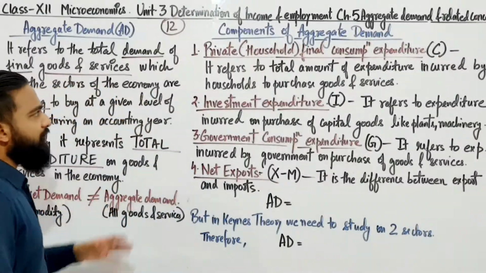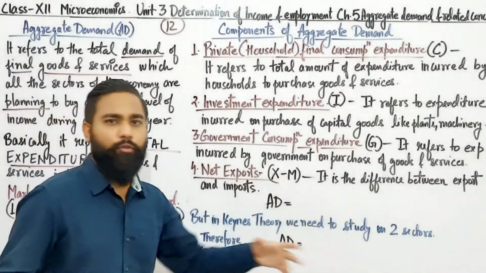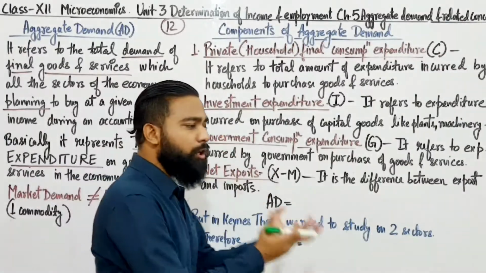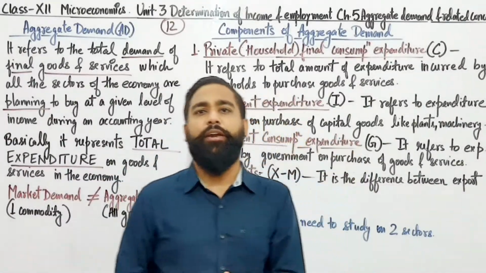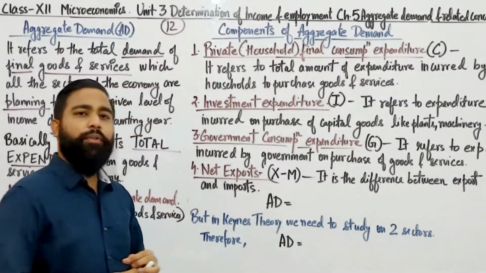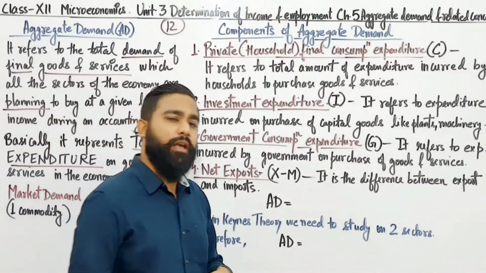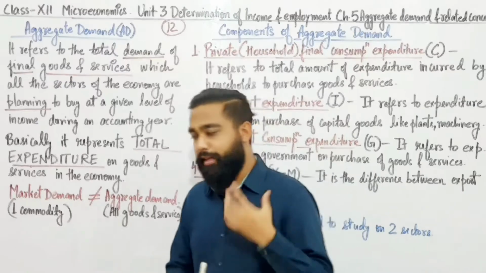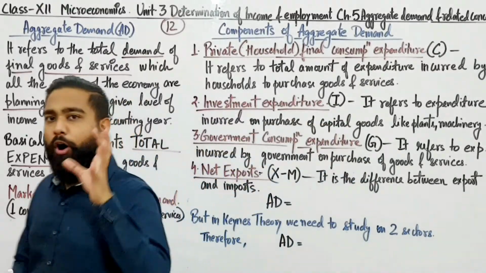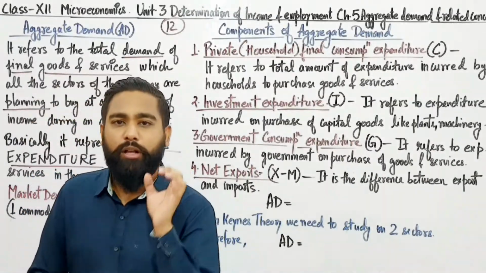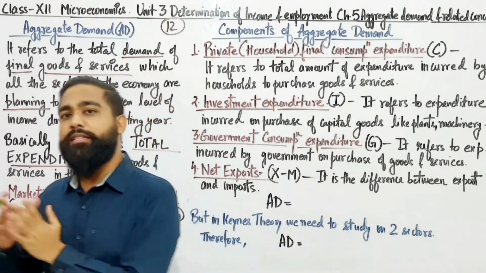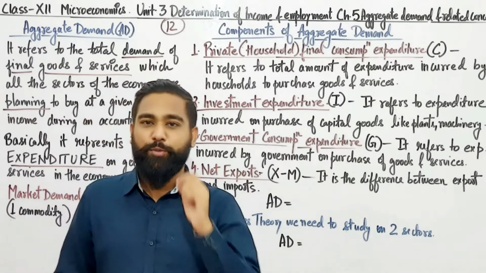Students, let's start with the components of aggregate demand. What constitutes the aggregate demand? In the unit national income, you have studied the expenditure method. Whatever the components of aggregate demand are, they are exactly the components of that expenditure method.